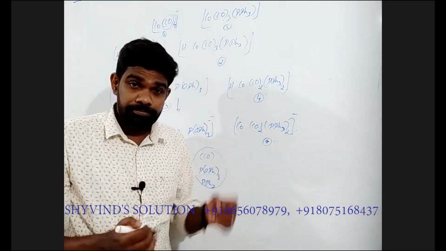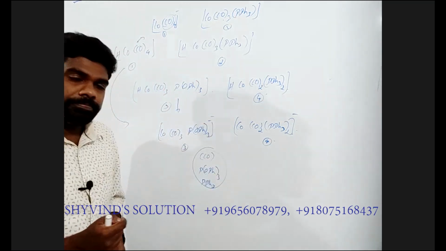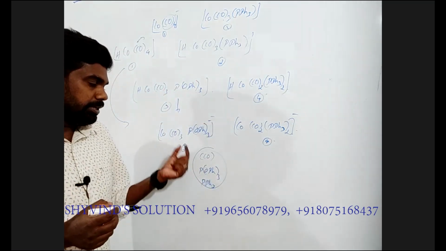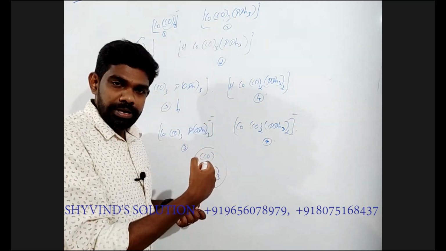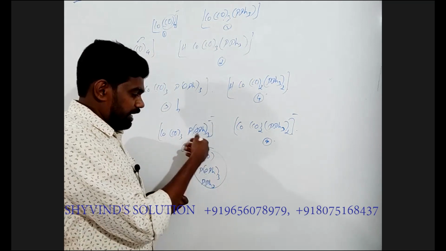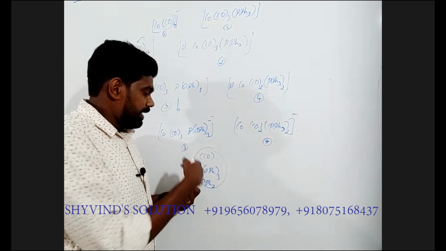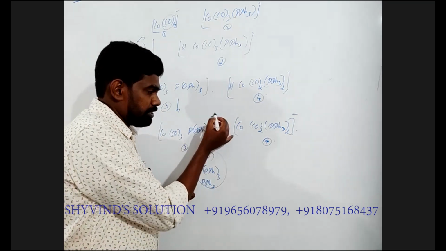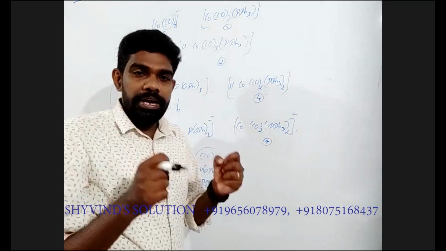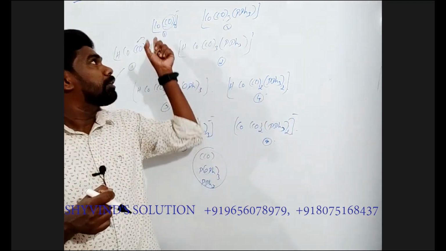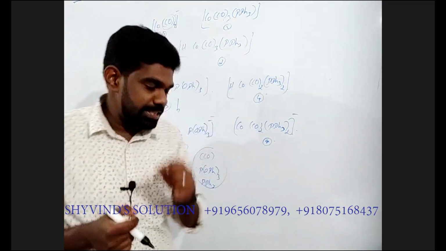We should compare the pi accepting ability of these ligands, because these ligands can accept electron density from the metal. If we have a good pi acceptor, then that pi acceptor can remove this minus charge, which makes this molecule stable. The presence of a good pi acceptor reduces the electron density of this complex, so that makes this complex more stable.